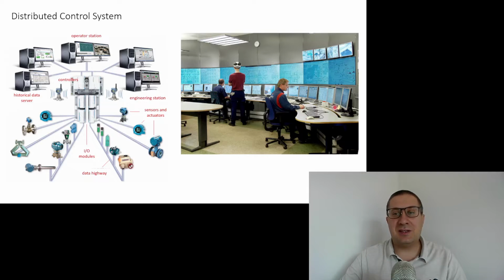He uses this DCS, distributed control system, and in the distributed control system he changes the mode of the control station related to this device, this valve, from automatic mode to manual mode. Right?